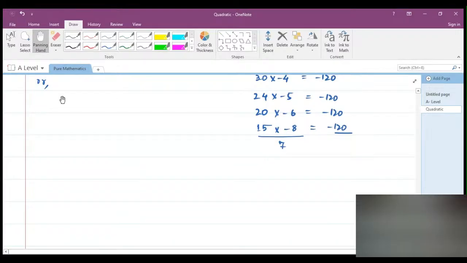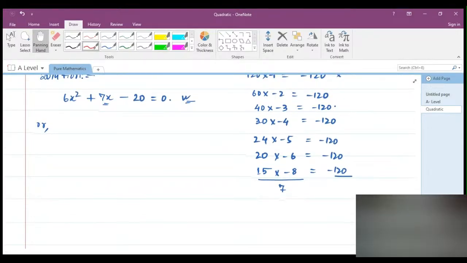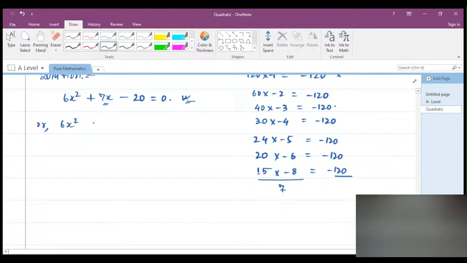So the next step here will be, let's see, 6x square plus 15x minus 8x minus 20 equal to 0. Hope that there is no problem to understand up to this step.